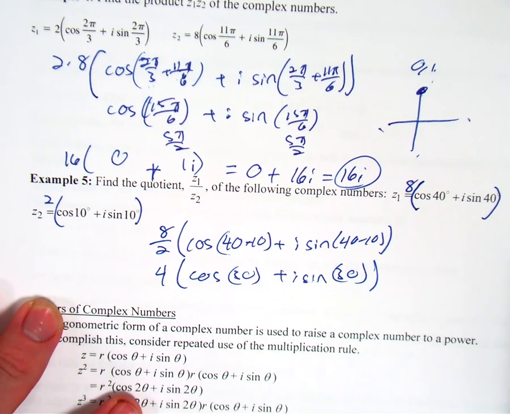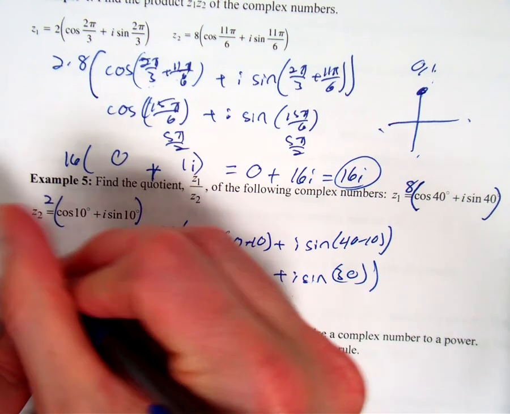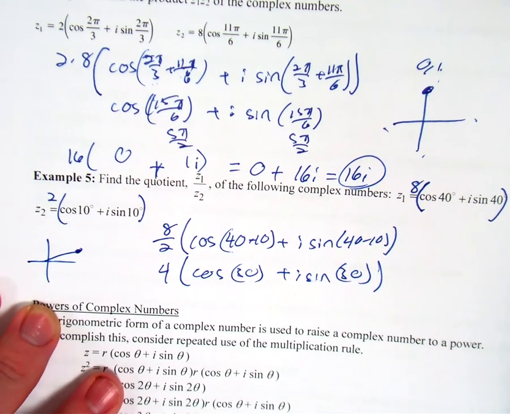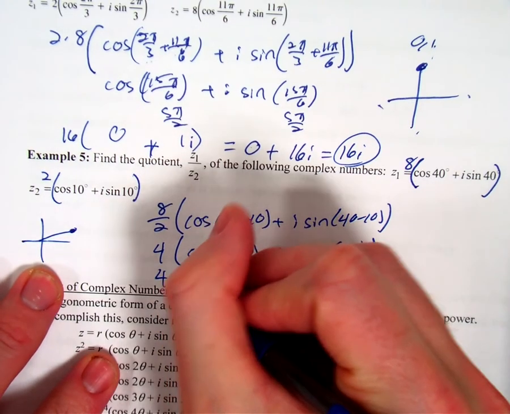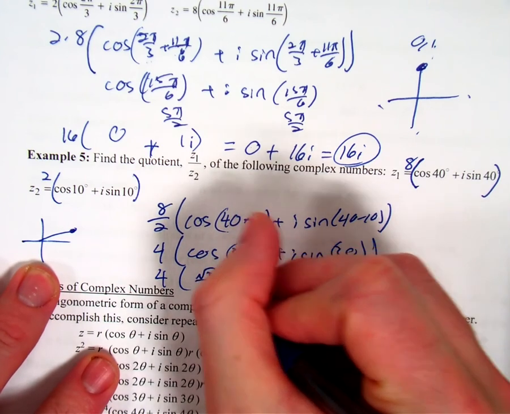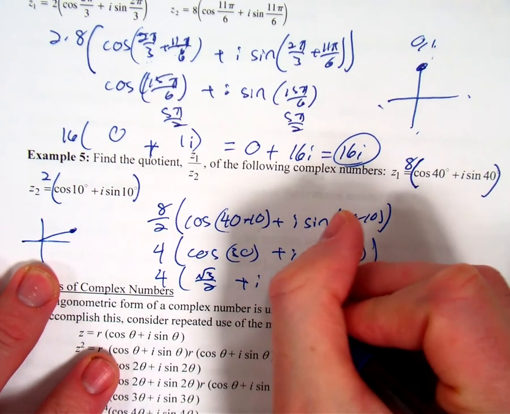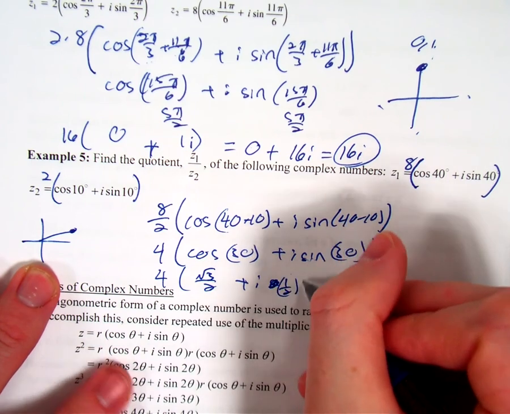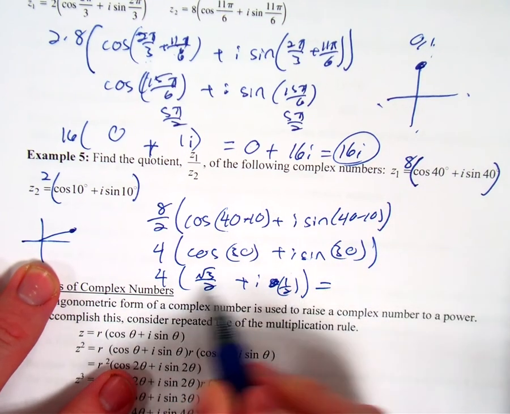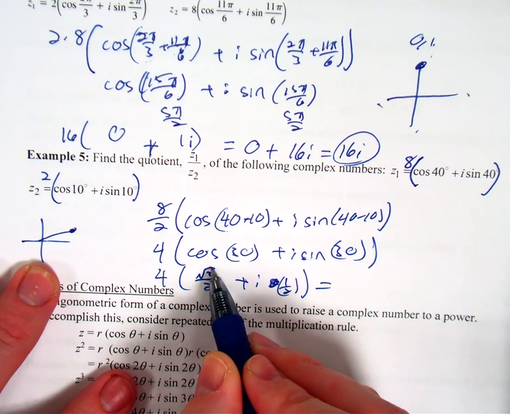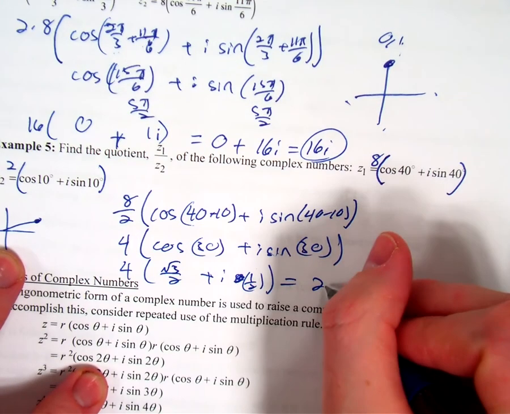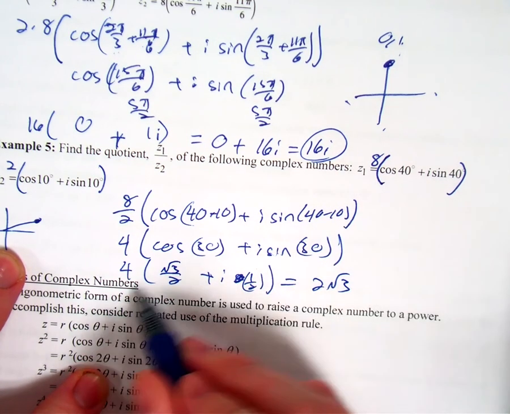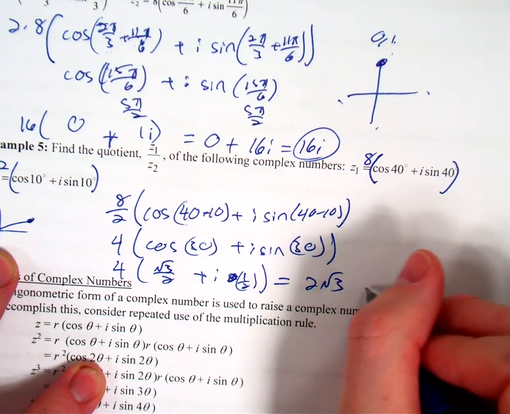Okay, cosine of 30, if you want to draw a quick sketch, the horizontal part's the longest there, that's radical 3 over 2, plus i times sine of 30 is a half. And if I multiply those by 4, this will be 4 radical 3 over 2, which is just 2 radical 3. 4 times a half i is just going to be plus 2i.